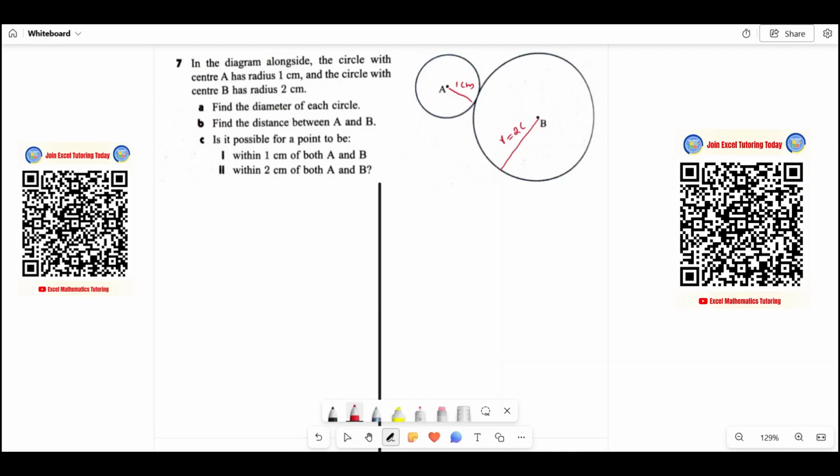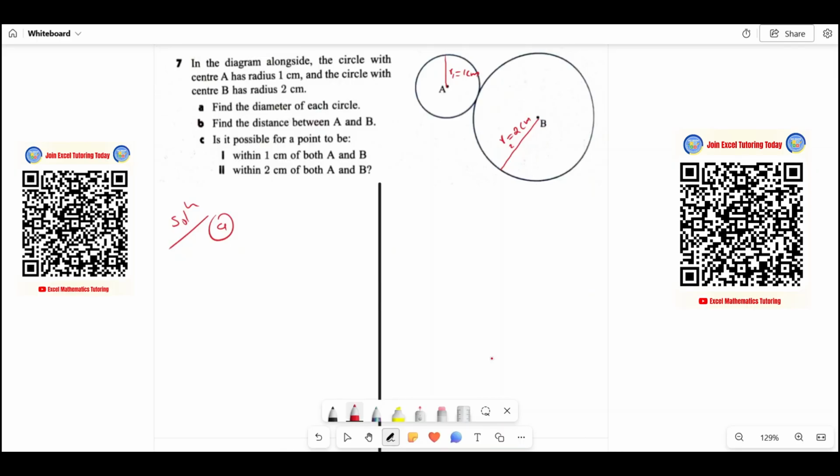I'm naming R1 as the circle with center A, having a 1 centimeter radius, and R2 as the circle with center B. We just need to find the diameter of each circle.